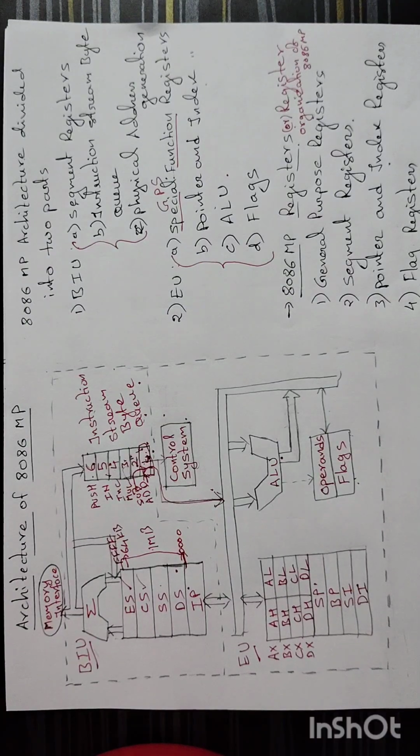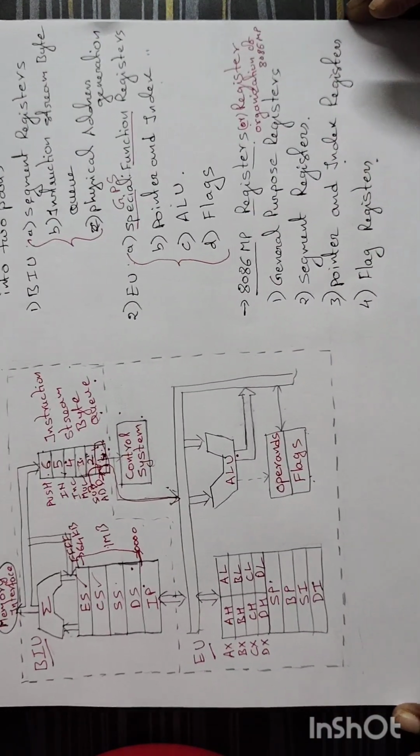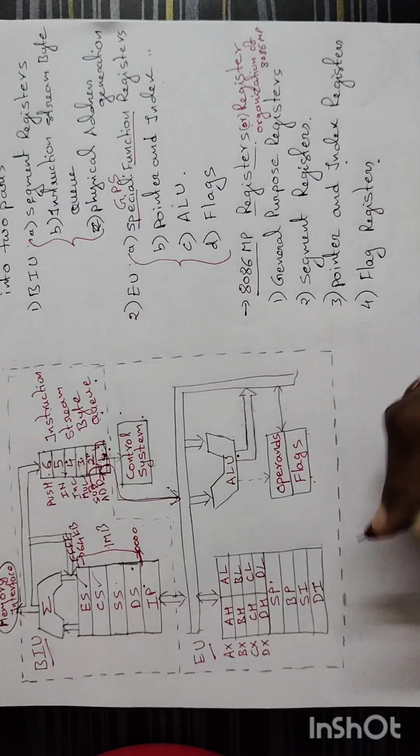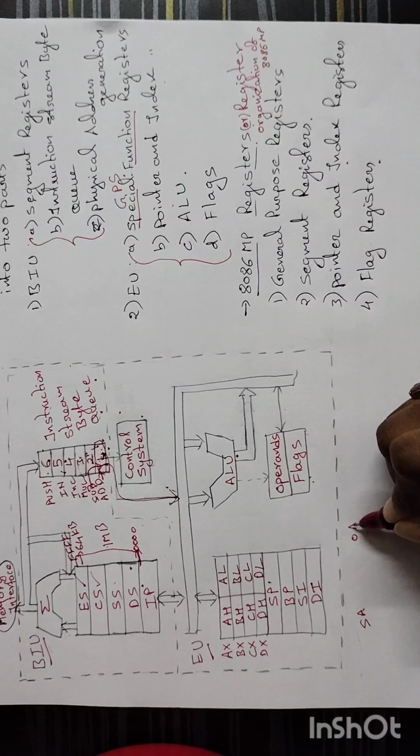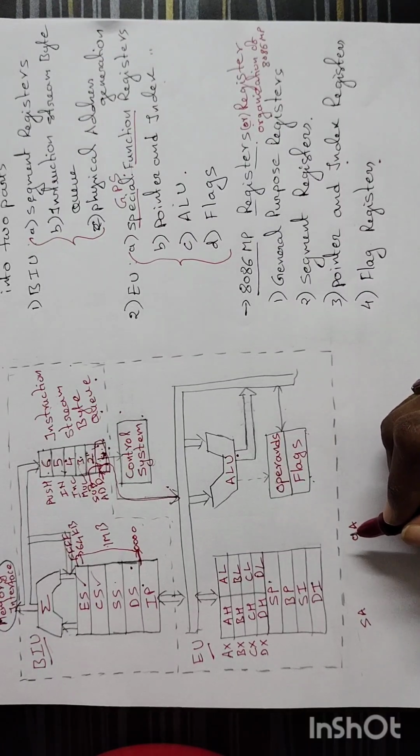So we have to generate a 20-bit physical address. How do we generate a 20-bit physical address? We have a segment address and an offset address.